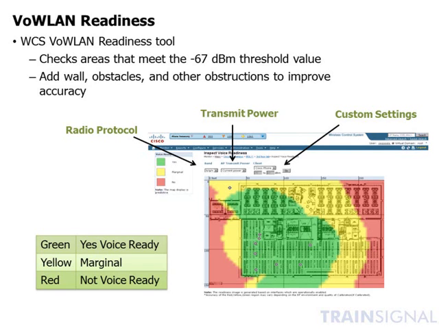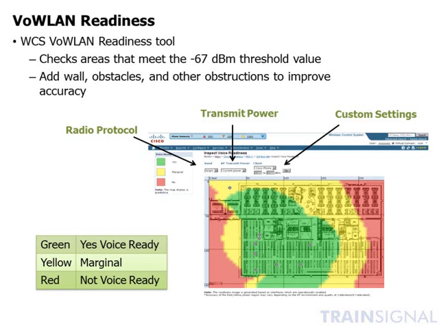Now by default, the tool will show the areas that meet the minus 67 dBm threshold value required for the Cisco IP phones. If you were deploying a Vocera badge, for instance, which has a requirement of -65 dBm, you can select Custom, as shown here, and enter the desired received signal strength for your specific devices.